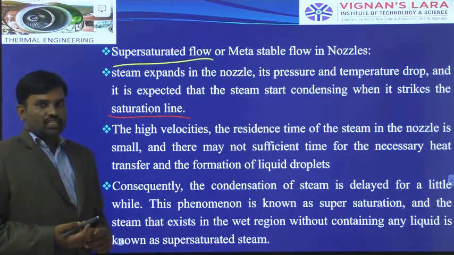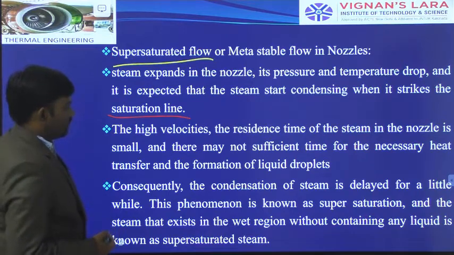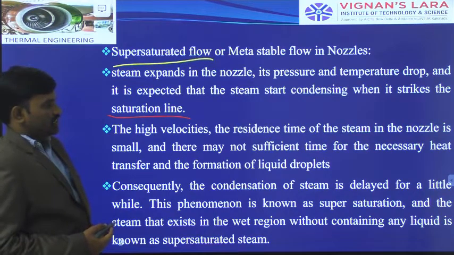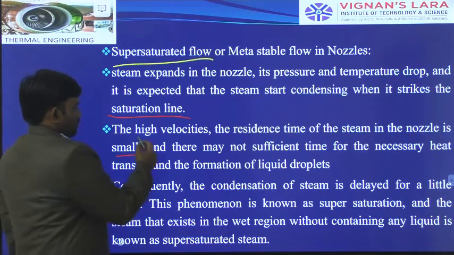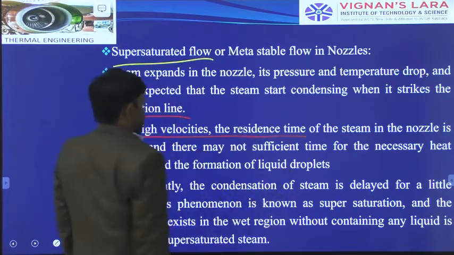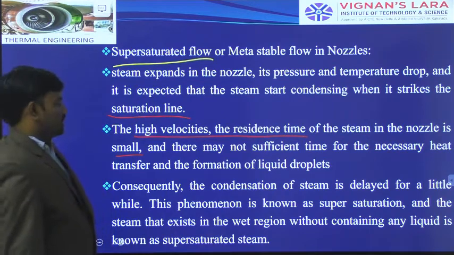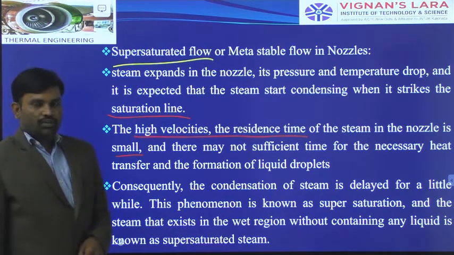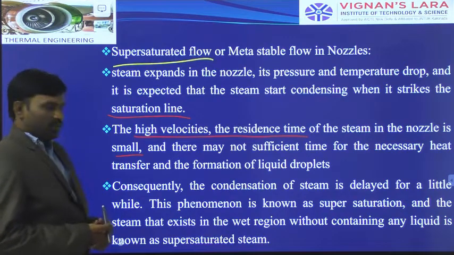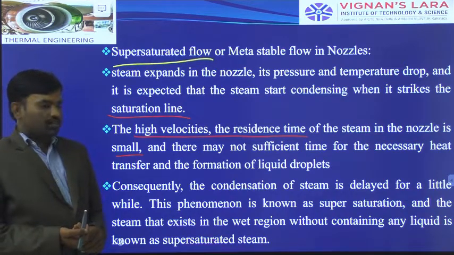At high velocities, the residence time of the steam in the nozzle is very small. During the flow of steam at higher velocities, the residence of steam inside the nozzle body is very small, and during that small time of flow we get the supersaturated flow.